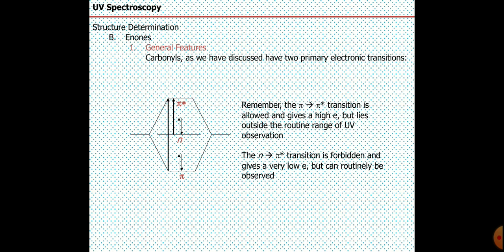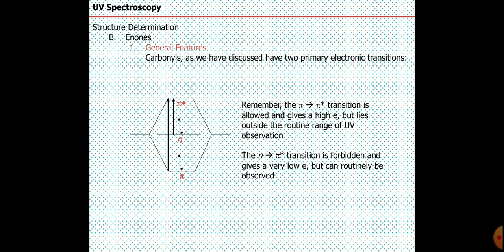So for enones or conjugated ketones, the Woodward-Fieser rule is also applicable to determine the lambda max value. Before going to the calculation, let us see the transitions occurring in enones.